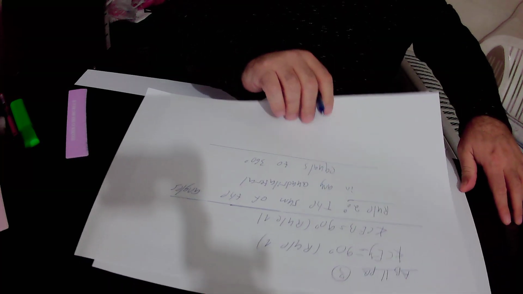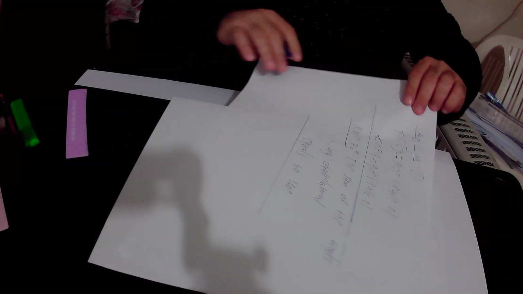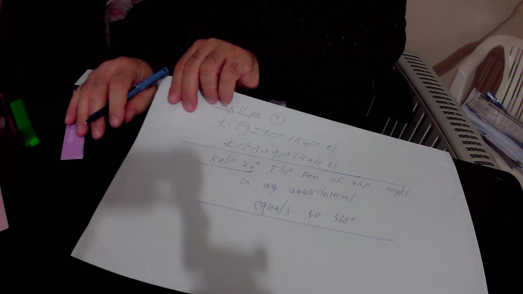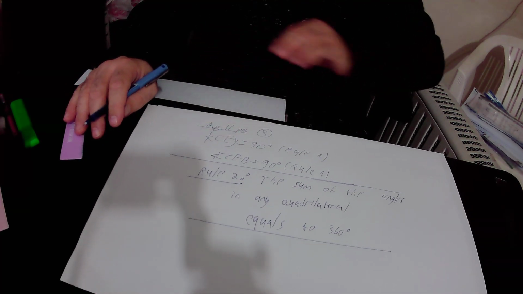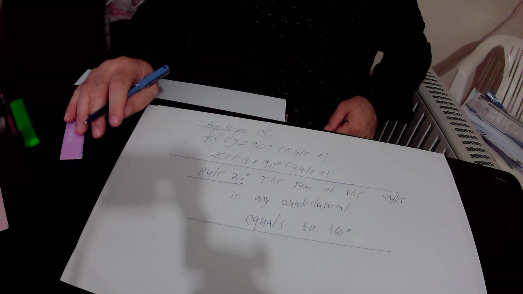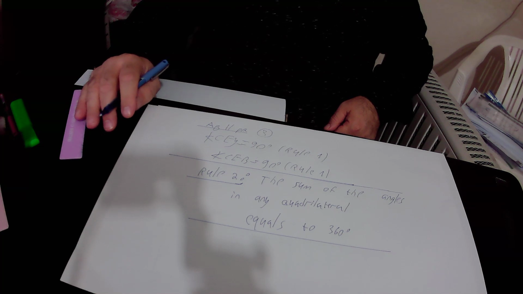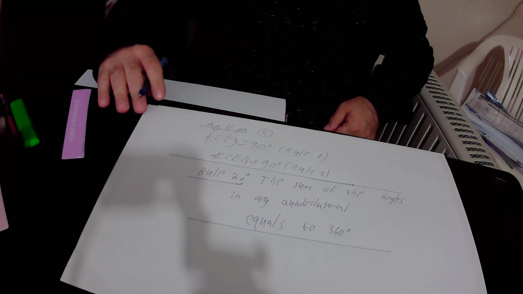So I'll read rule number 2 again. According to rule number 2, the sum of the angles in any quadrilateral equals 360 degrees.